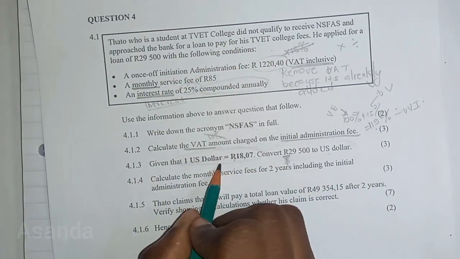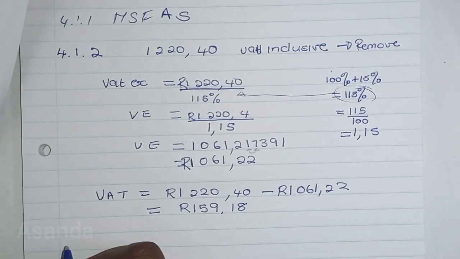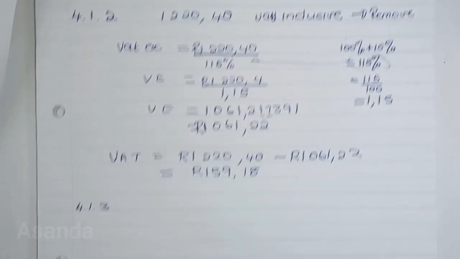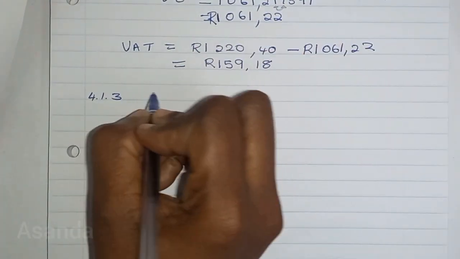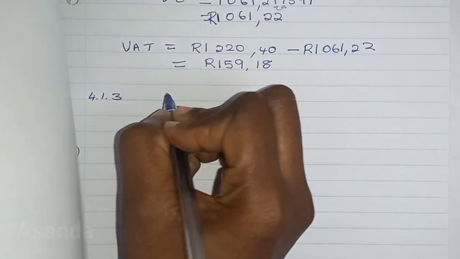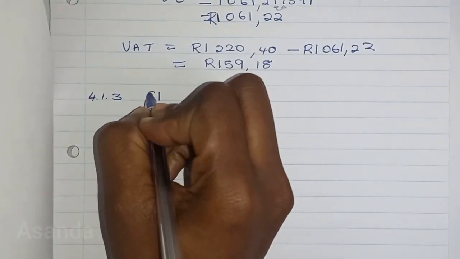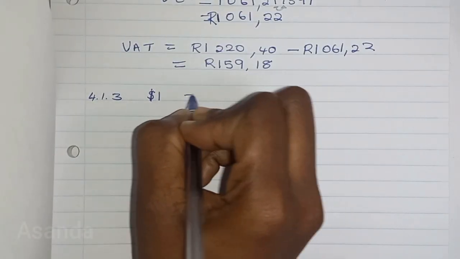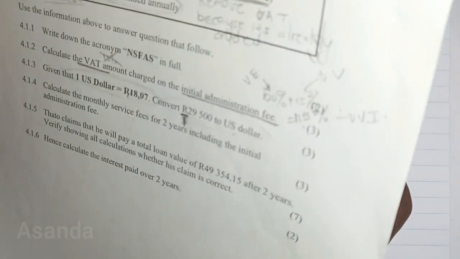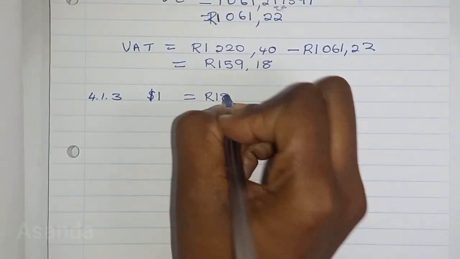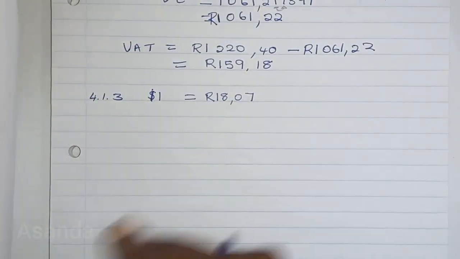So I'm going to copy it as is, just like using a formula. I'm going to say 4.1.3, and the conversion factor says $1 is equal to the rands from South Africa, which is 18.07. This I know.